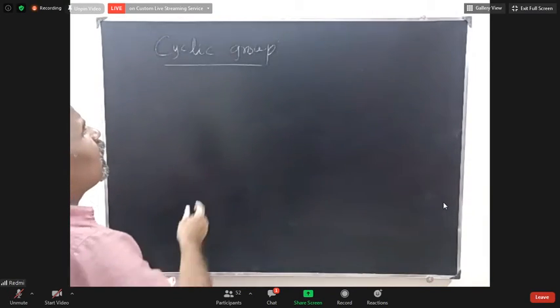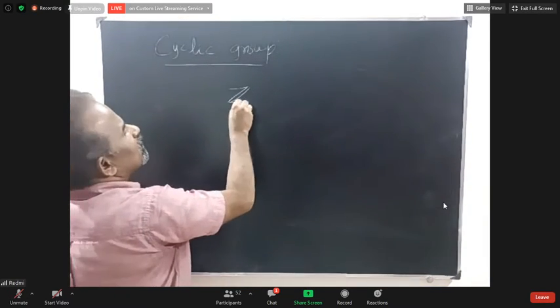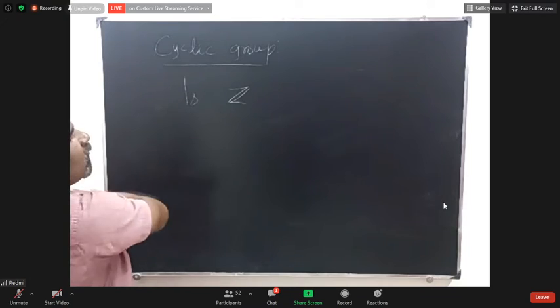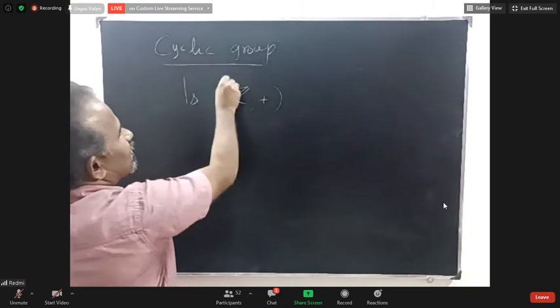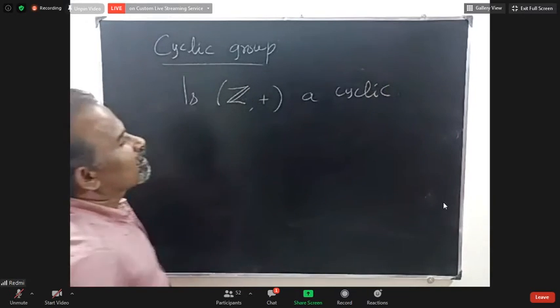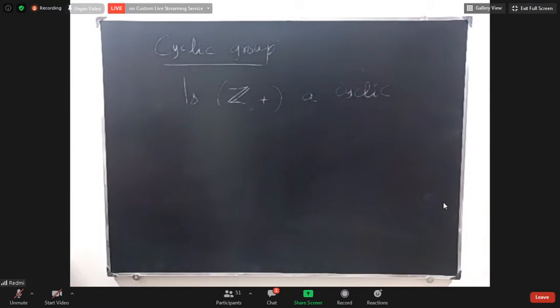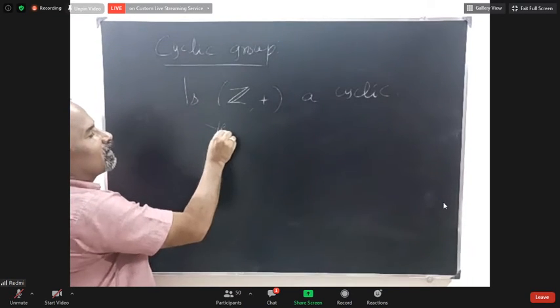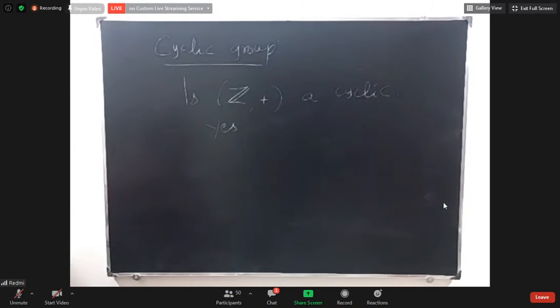Okay. So what about the integers? Is the integer group a cyclic group? Integers form a group with respect to plus. Is it cyclic? The answer is yes.